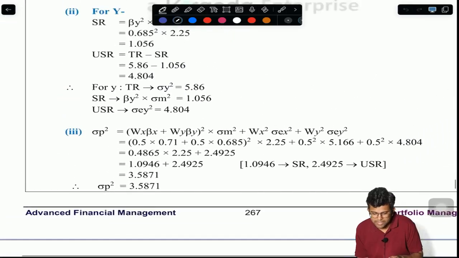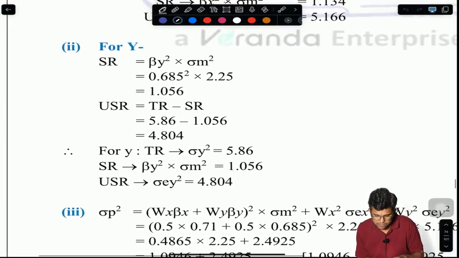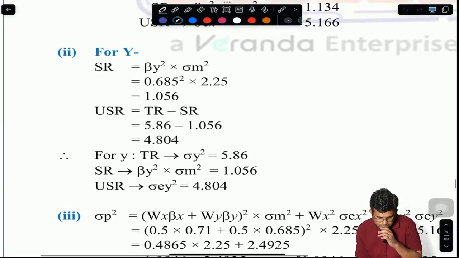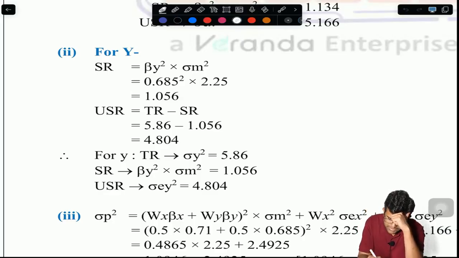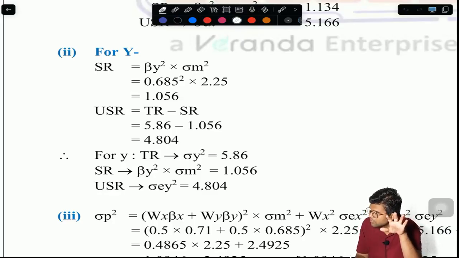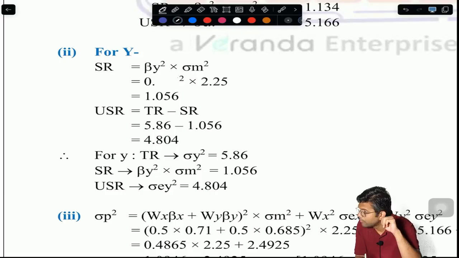Acha, your beta is different, huh? Something is wrong. Okay. So I guess something different will happen here. Beta is different, no? How much is your beta? 0.27.